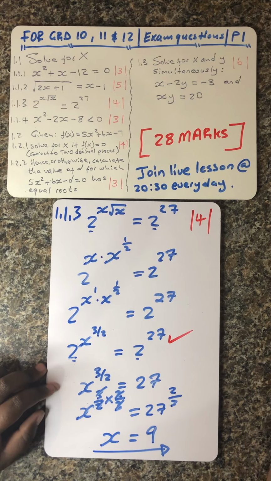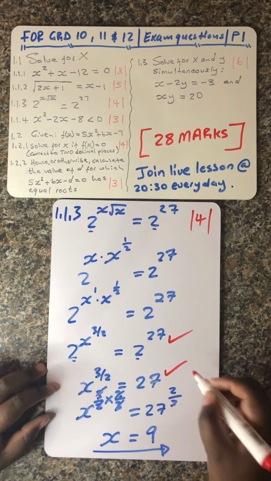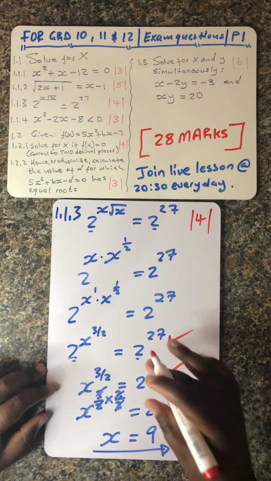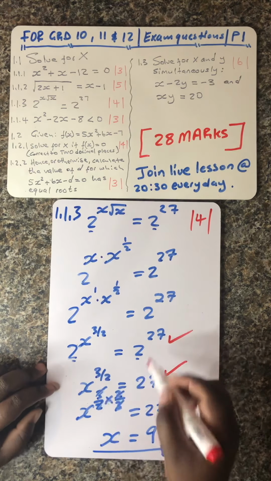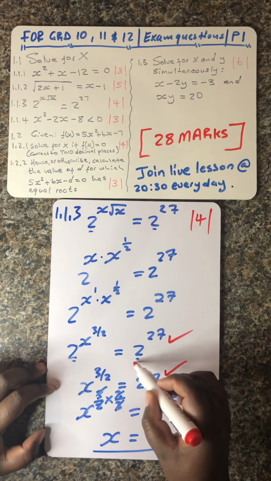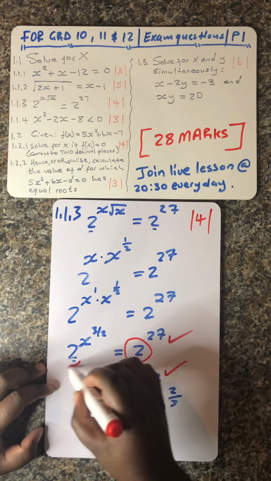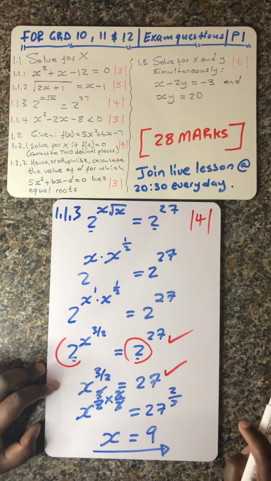Okay, so the second mark, they'll just give it to you for dropping those bases and equating the exponents. It shows that you understand the basic rule that when you've got the same bases, you can just drop the bases and equate the exponents.